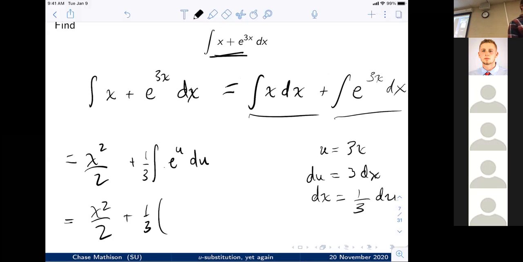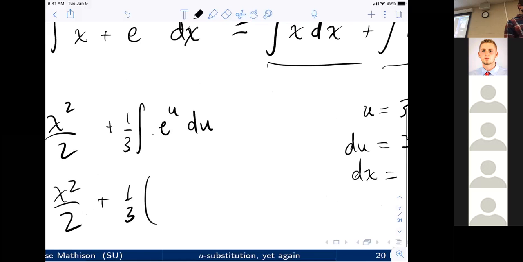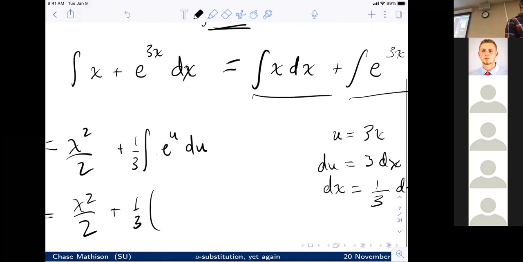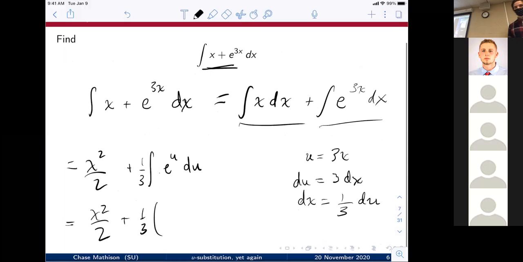What's special about e to the u? Yeah, we get e to the u back, right? E to the u plus some constant.